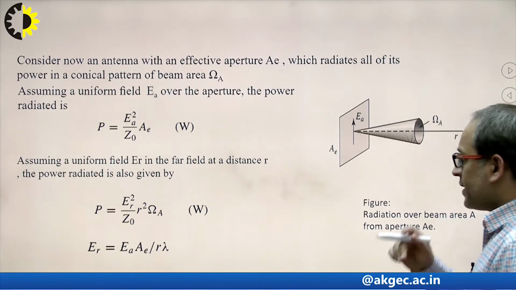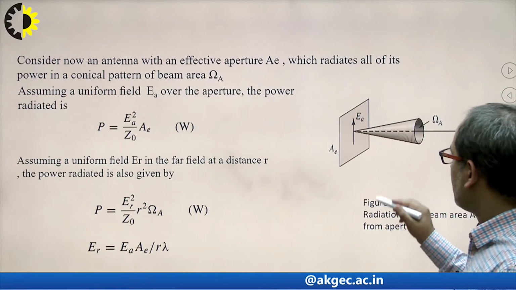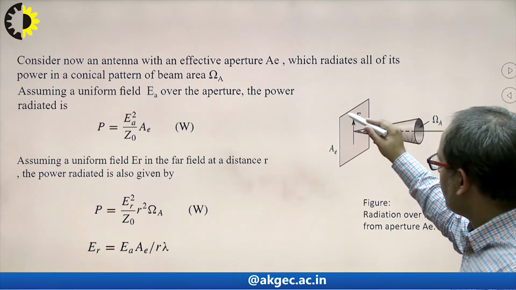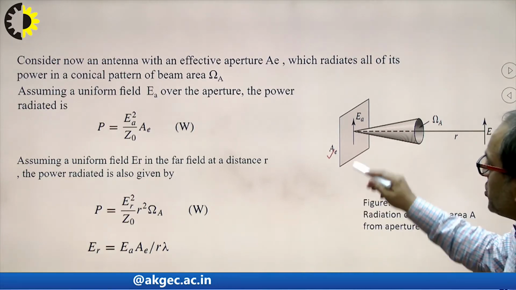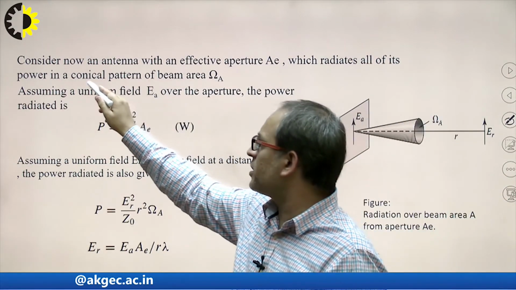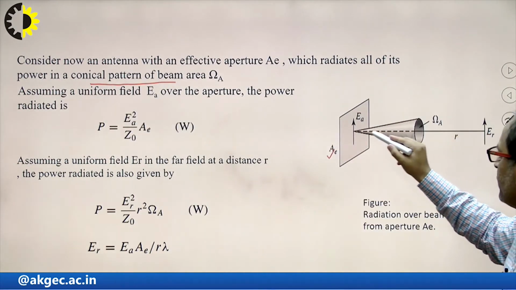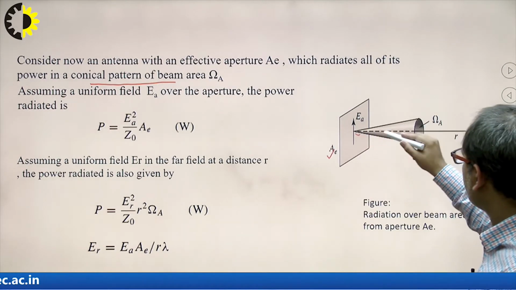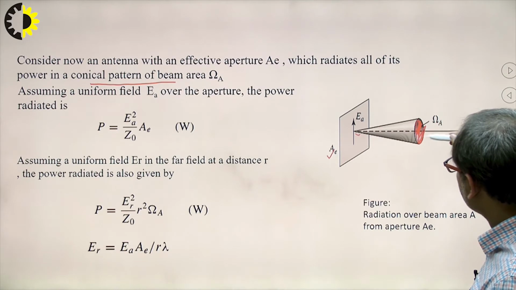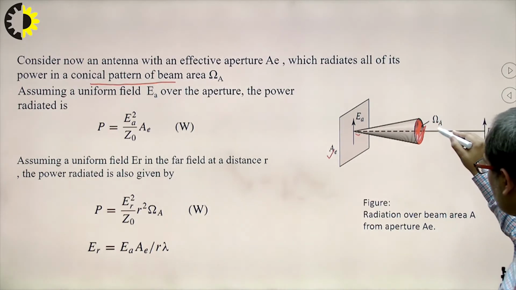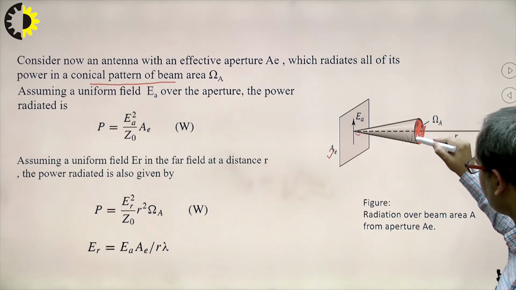Now let's consider an antenna with effective aperture area AE, which radiates all of its power in a conical pattern of a beam area, this one, the beam area.